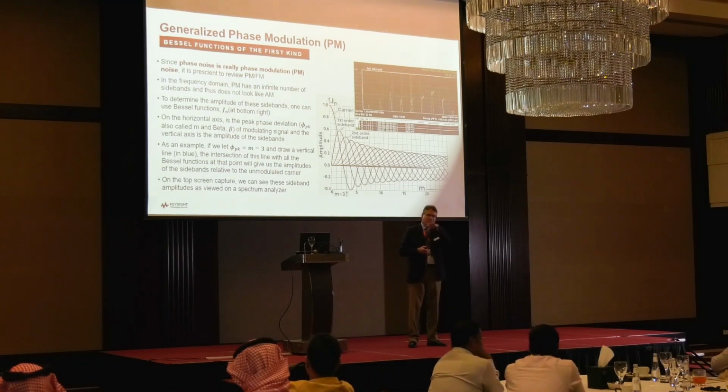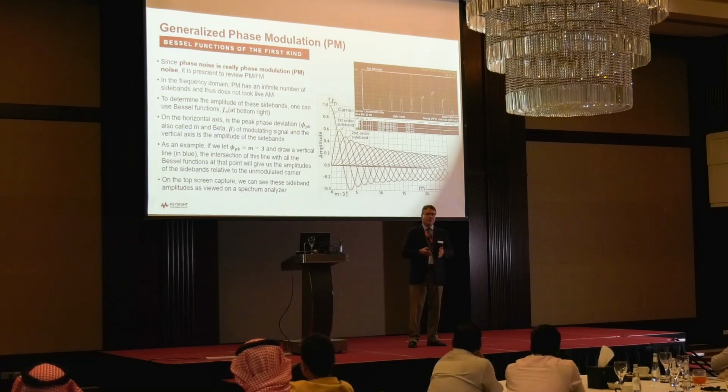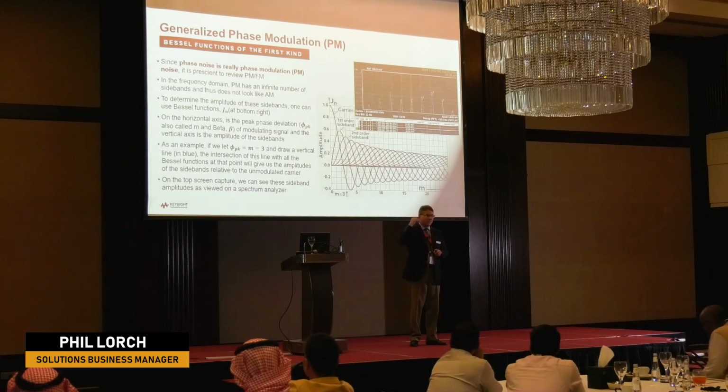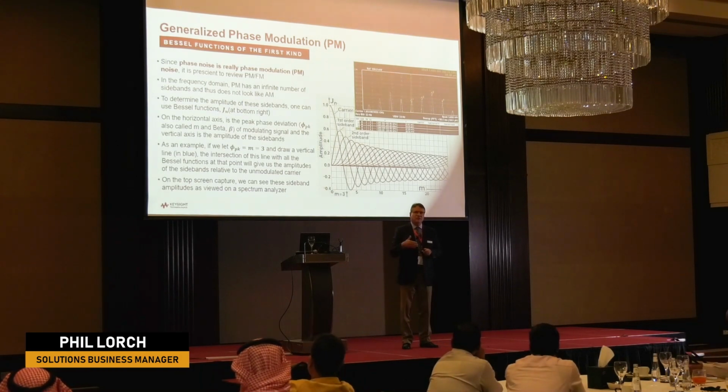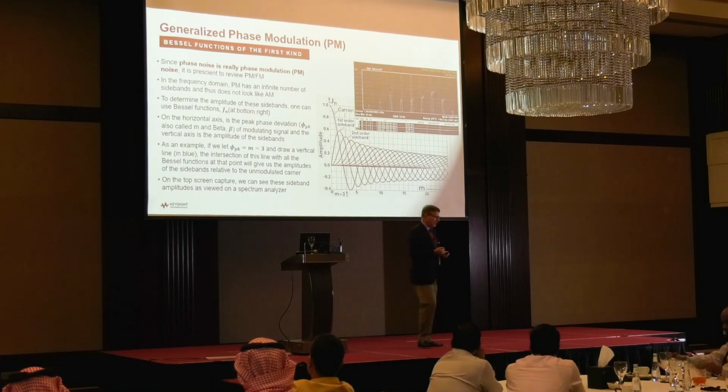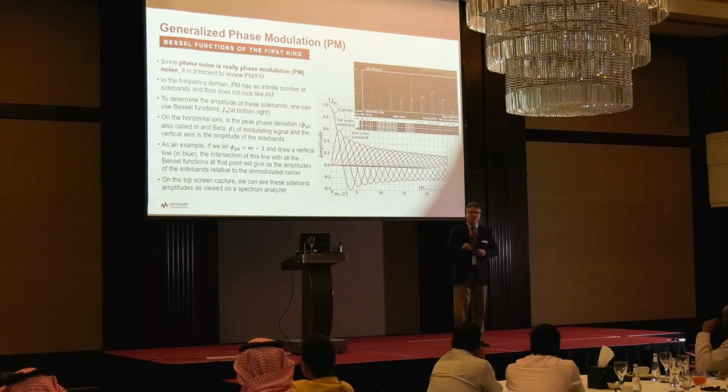I won't go through all of this in detail, but the first, second and third order sidebands are really determined by the amplitude of the Bessel functions relative to the carrier, which is J sub 0. And this is just an example. If we had a modulated carrier with a modulation index of 3, this is what the Bessel functions look like.